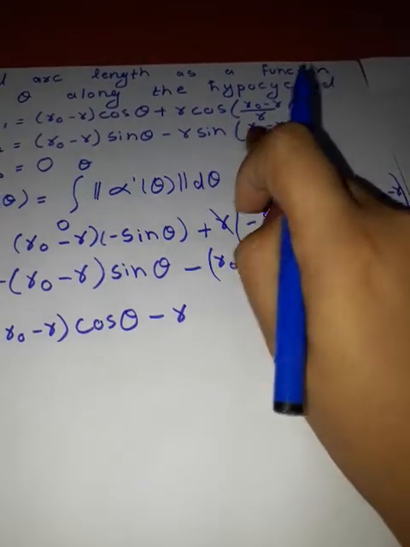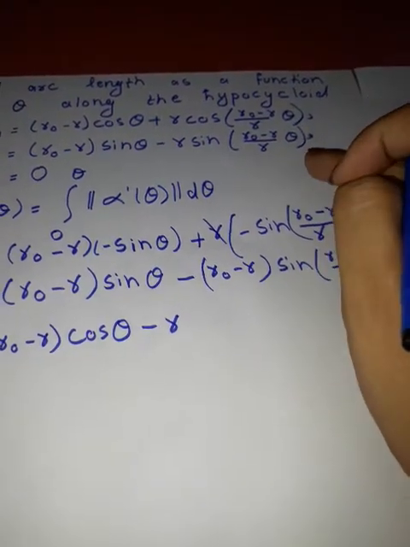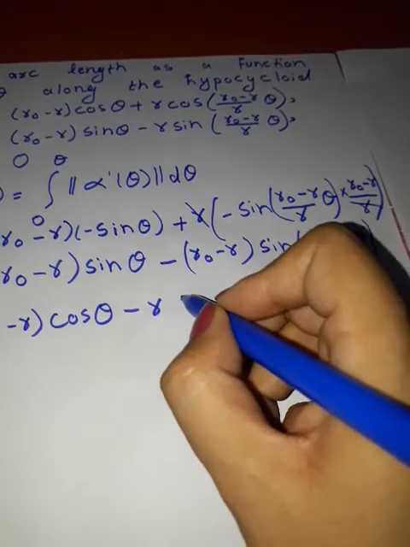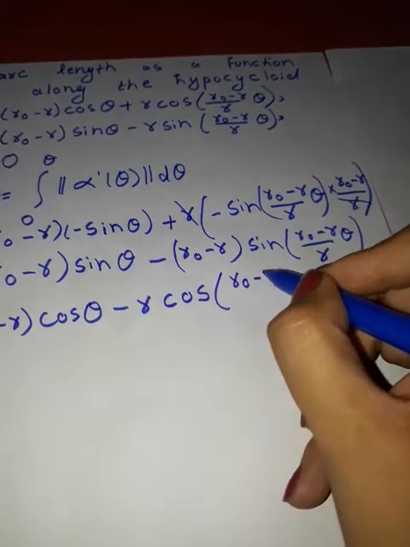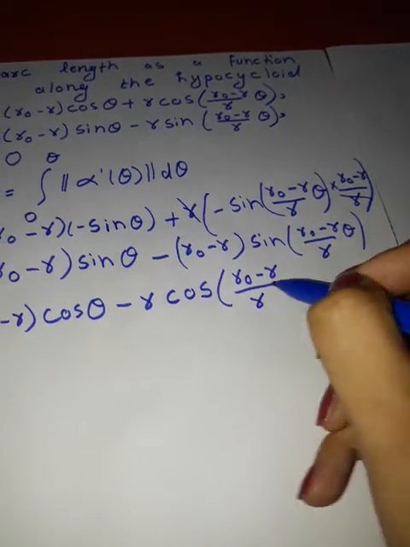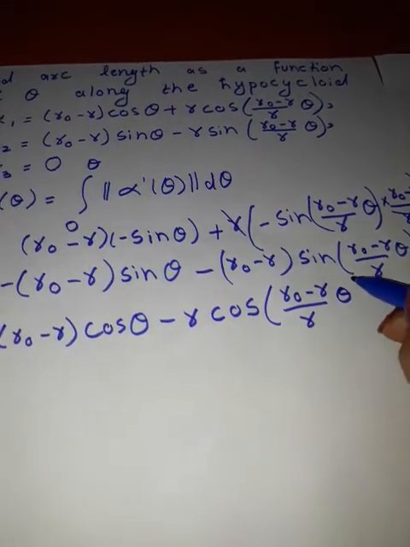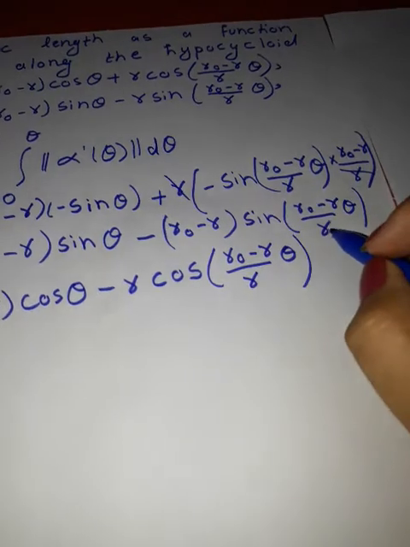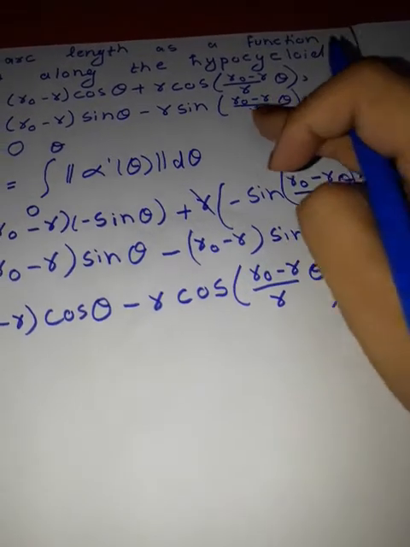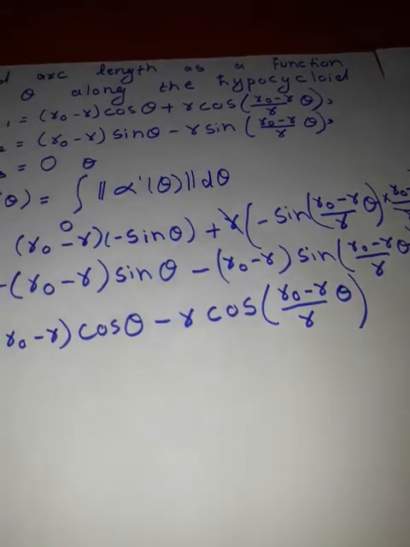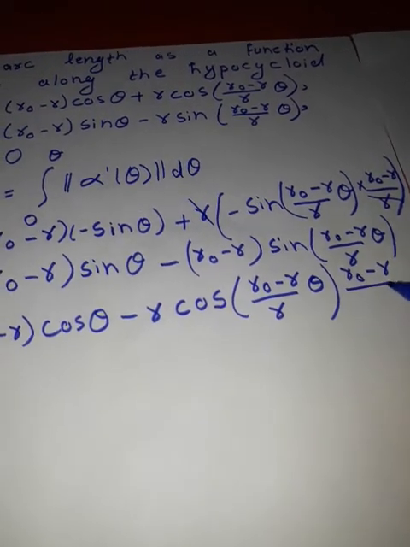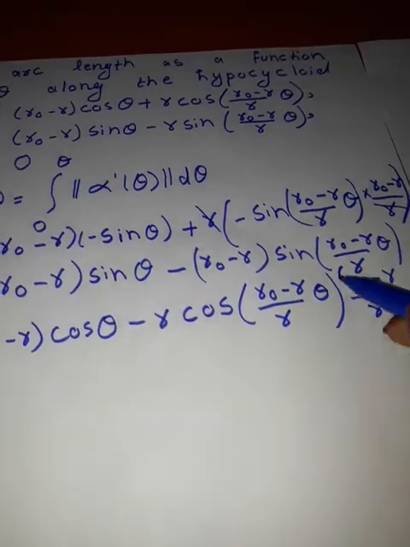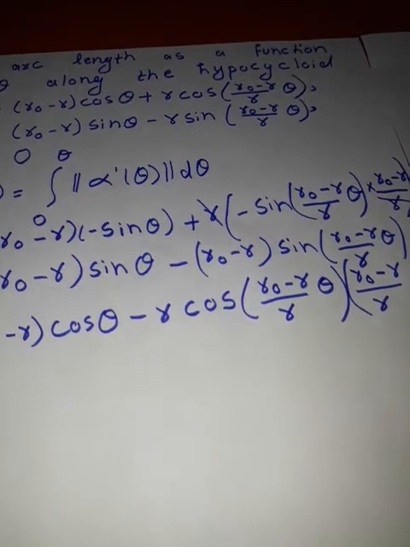Derivative of sin((r naught minus r)/r times theta) is cos((r naught minus r)/r times theta) into the derivative of (r naught minus r)/r times theta, that is (r naught minus r)/r, because I know the derivative of theta with respect to theta is 1.